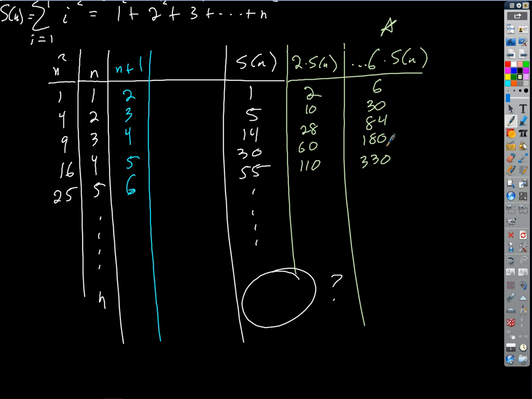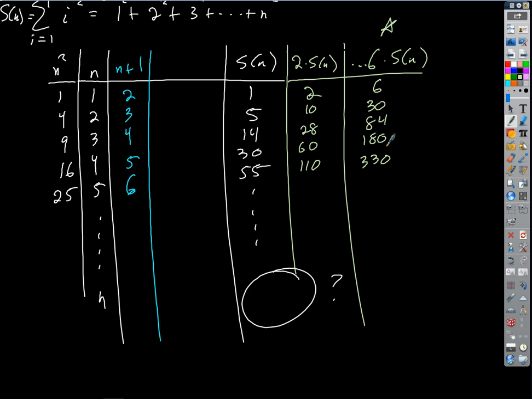What other column do we need? That's my big hint: we need one other column here to get to this column. So n times n plus 1 times what?